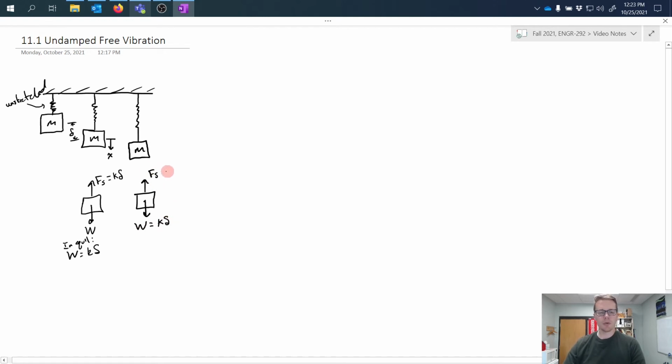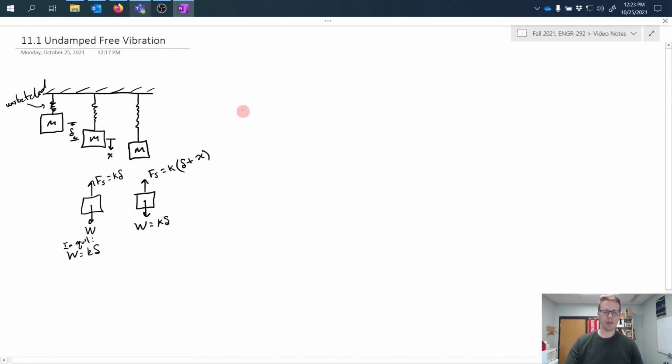Now the force of the spring is still resulting from the spring stiffness k, but now the deflection that it's seeing is delta plus whatever new position we've moved this to, x. So we have an equation that looks like this.